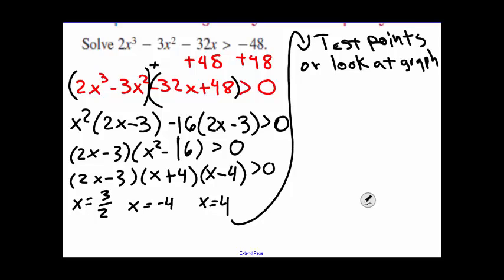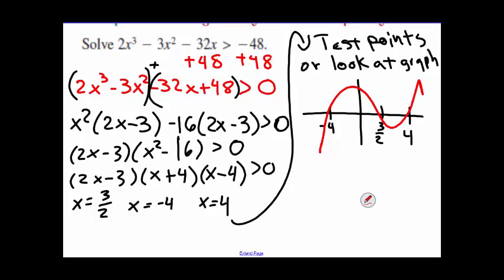So I know this thing crosses at 3/2, -4, and positive 4, so I'm just going to do a quick sketch so I can get a visual idea about what this graph looks like. So put my important points there, -4, 3/2, and positive 4. Alright, so now I'm going to draw my graph. Just a quick sketch.